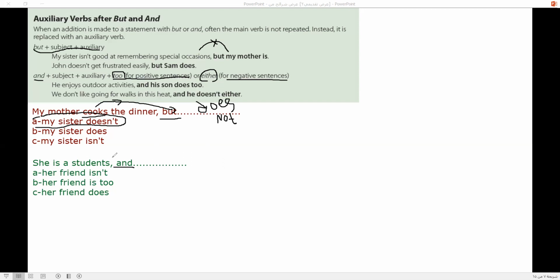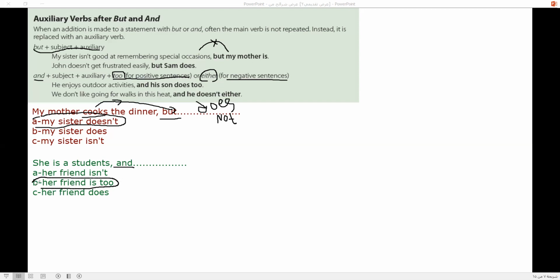What do you think, Khalid? She is a student and her friend is not, her friend is too, or her friend does. Very good, Lilas. So it's going to be her friend is too.